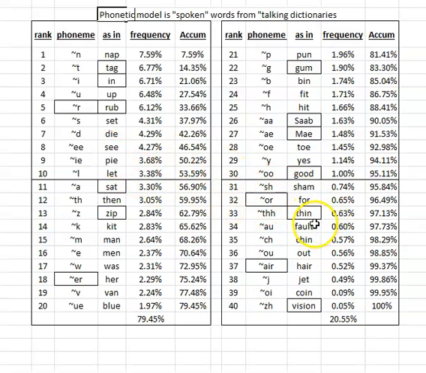Now here is a spelling that is unique to Truespel, and it represents the breathy or unvoiced TH, as in thin.